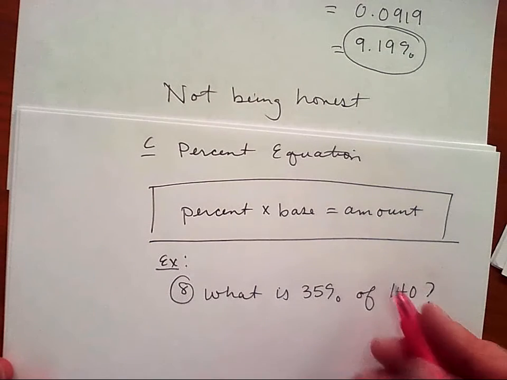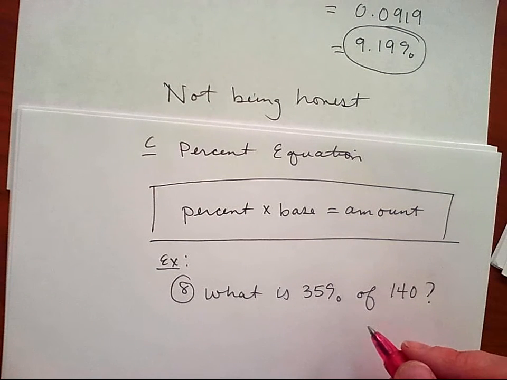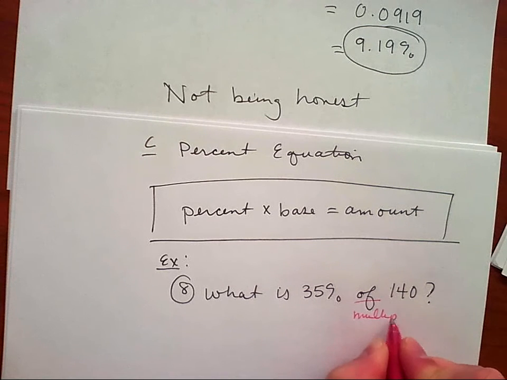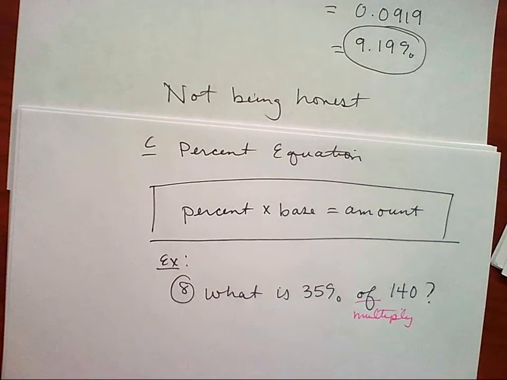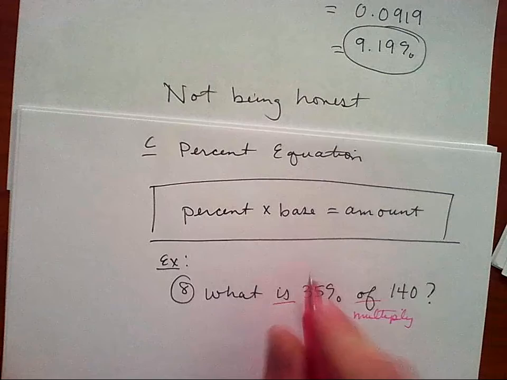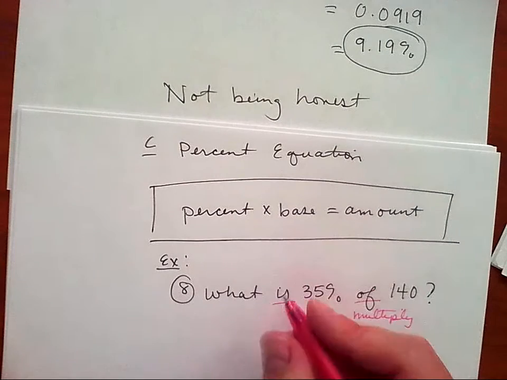In English, what does "of" usually mean? Multiply. What does "is" usually mean? Equals. Look at this equation. We only have a couple symbols.